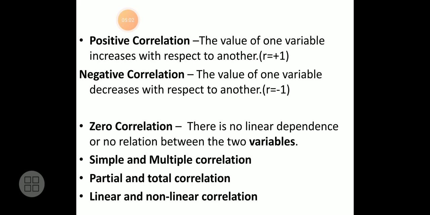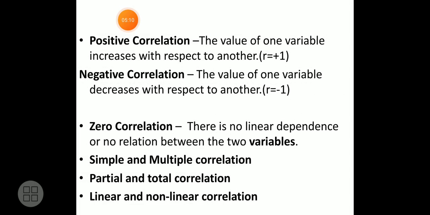Negative correlation: the value of one variable decreases with respect to the other, and R is equal to minus 1, isn't it? Now the third type is zero: there is no type of correlation among the variables. Such a correlation is the zero correlation, my friends.